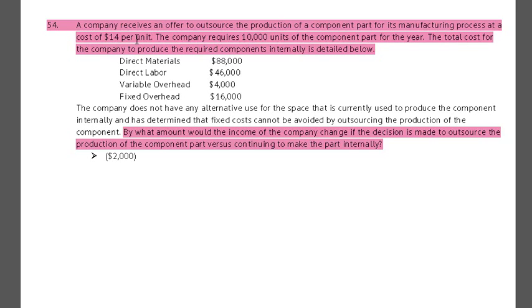So that's $140,000. So $140,000 is what would be our cost to produce these 10,000 units. So 138,000 was our first total cost. Subtract out our new total cost of 140,000, and we're actually losing $2,000.